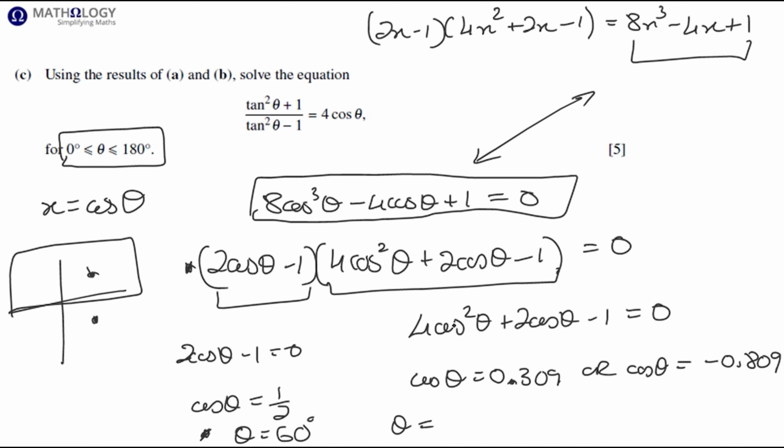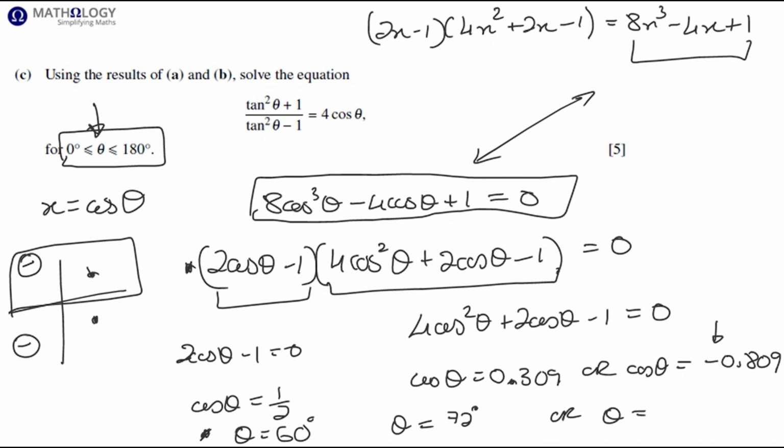Make sure that you're working in degrees. So theta is 72 degrees, or now theta is negative, so the only quadrant we're going to work in, cos theta is negative in the second and the third, but we're only going to be looking in the second quadrant because that is our domain.